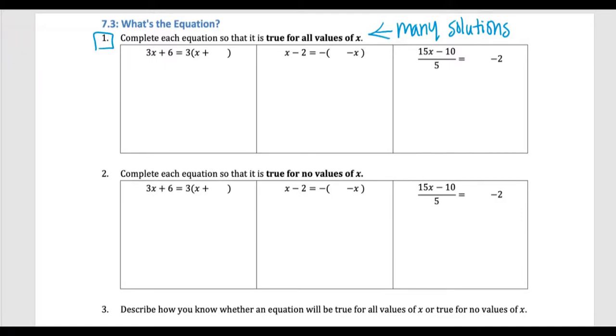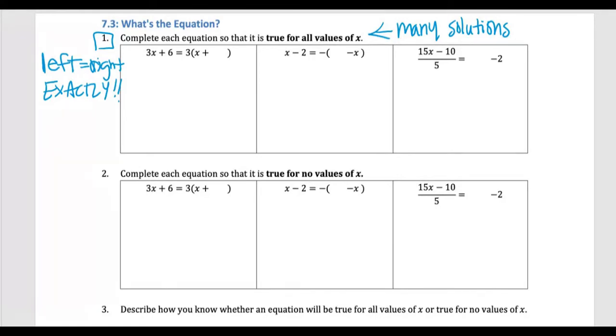So remember, in this case, we need the left to equal the right exactly. So the left has to equal the right exactly, like perfectly, right?